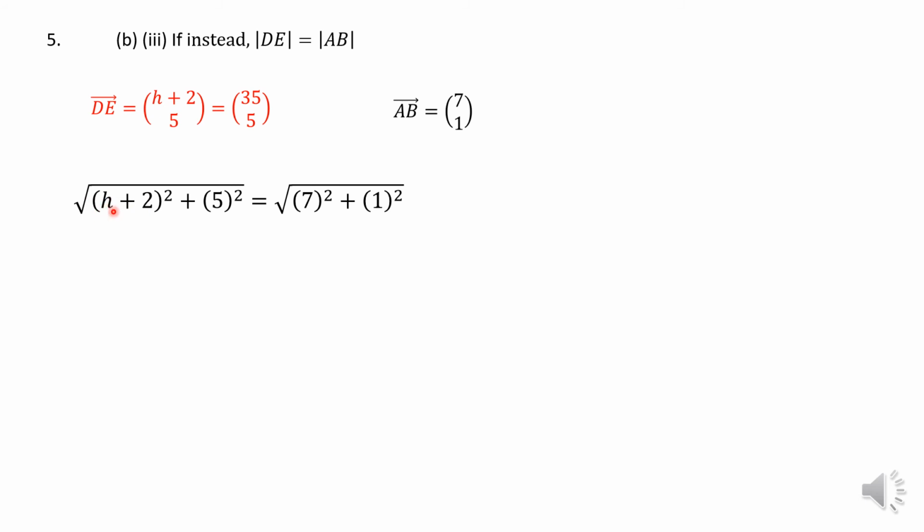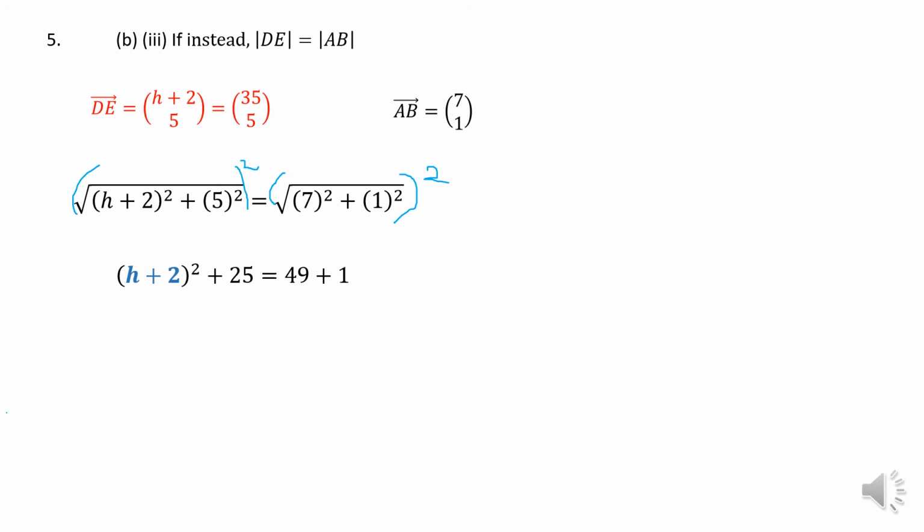So we have got (h plus 2) all squared plus 5 squared. It should equal 7 squared plus 1 squared. But now if a square root is equal to some square root, you can actually drop them, because what you're actually doing in a nutshell is taking squares on both sides. That's going to leave you only with the stuff that is underneath the square root.